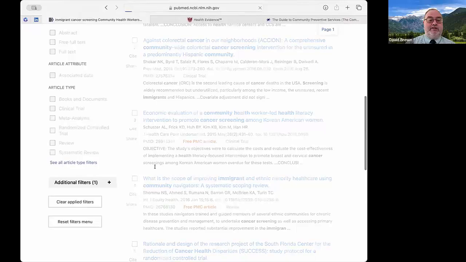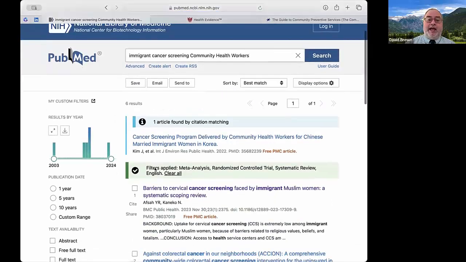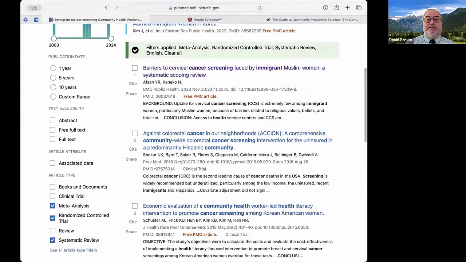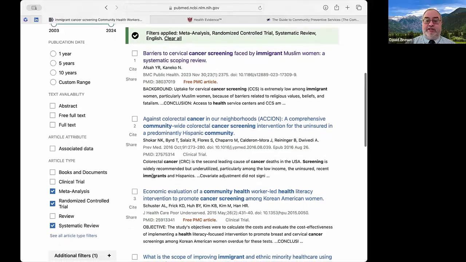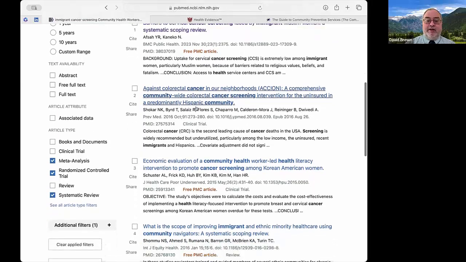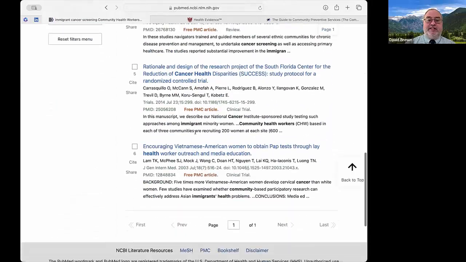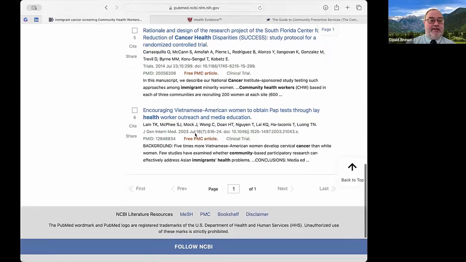And again, you can always do these as you go forward. And when we do that, we get down to 6 results. So this is really good. Some of them are free PMC articles, and we'll talk a little bit about what that means in a minute. But we have 6 articles here that we can definitely use.